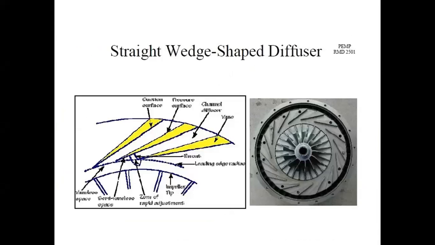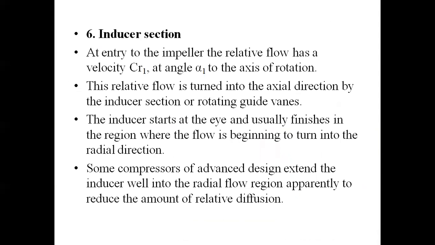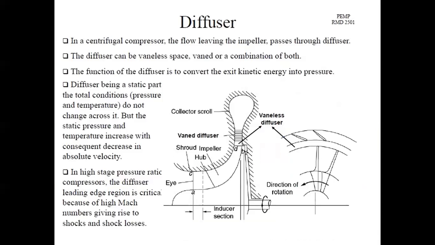So see here, diffuser. In a centrifugal compressor, the flow leaving the impeller passes through the diffuser. The diffuser can be vaneless space, vane, or a combination of both.